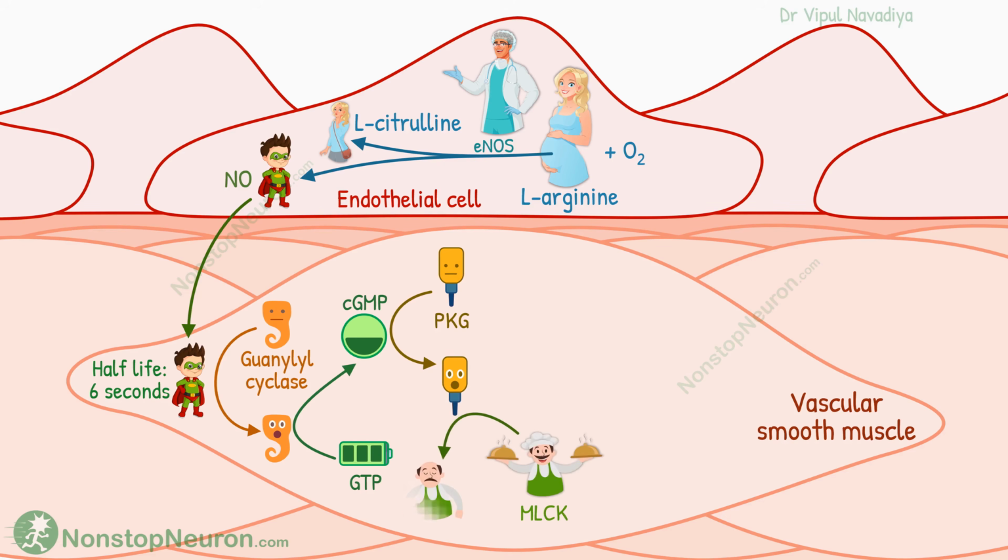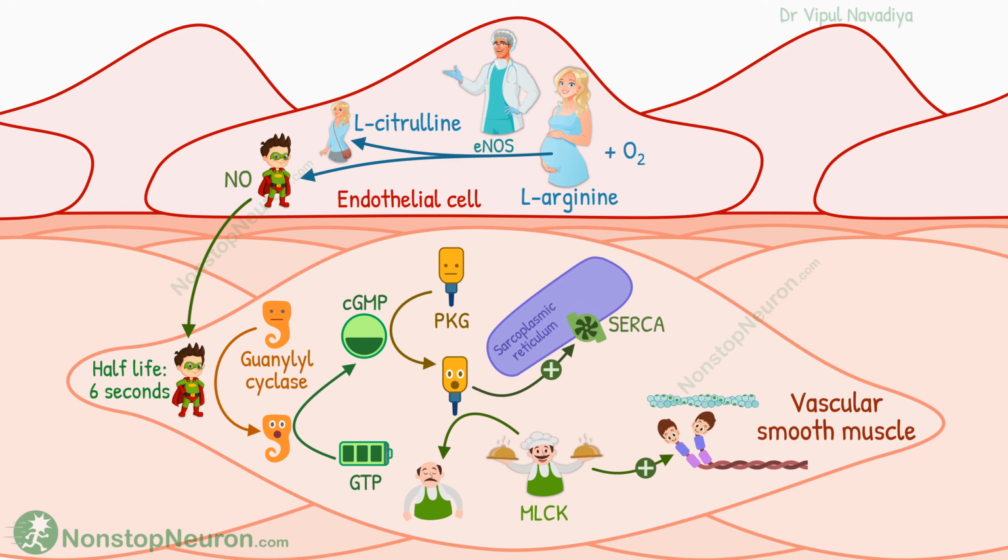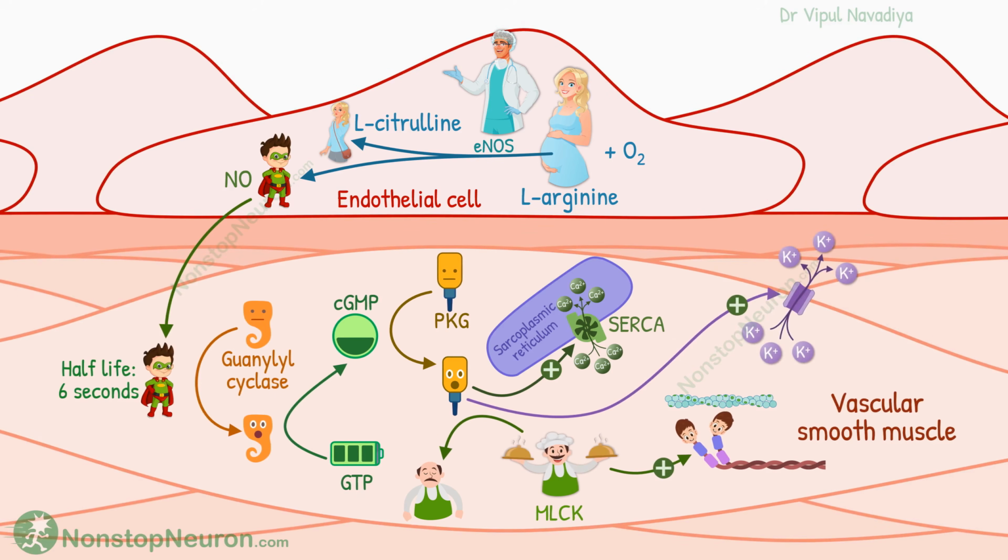It inhibits myosin light chain kinase, which was helping in contraction. It also activates SERCA pumps, which reduces cytosolic calcium concentration. And it also activates some potassium channels. So exit of potassium hyperpolarizes the muscle fiber. All these effects cause relaxation of the smooth muscle.